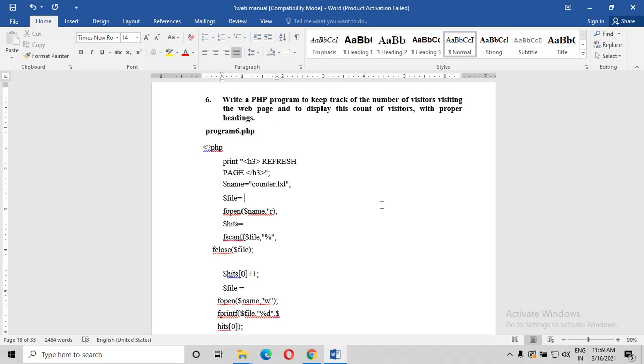Server side can access the resources on the web server, correct? Yes, a few differences are there. You can give here the difference between client-side scripting and server-side scripting.